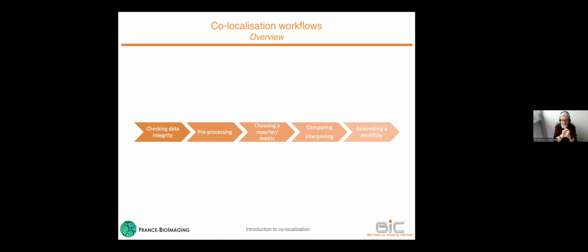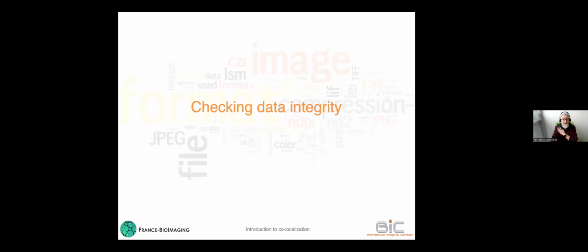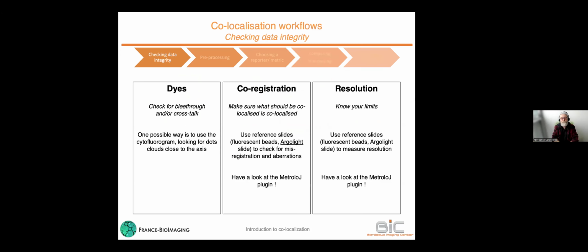Then it's not even finished because once you have numbers, you must compare them in order to draw conclusions, to interpret the kind of output of the metric that you have. And finally, you will have to repeat this to assemble this into a workflow to apply it to a large data set.